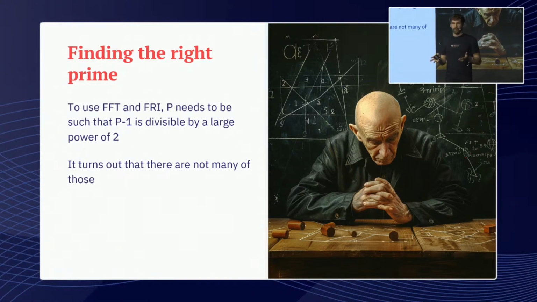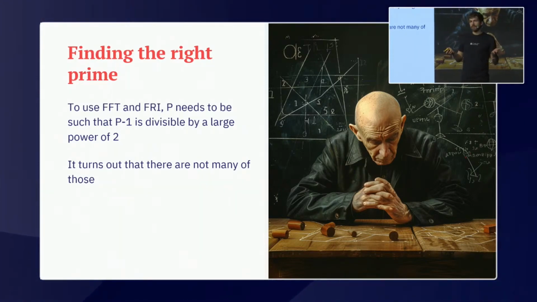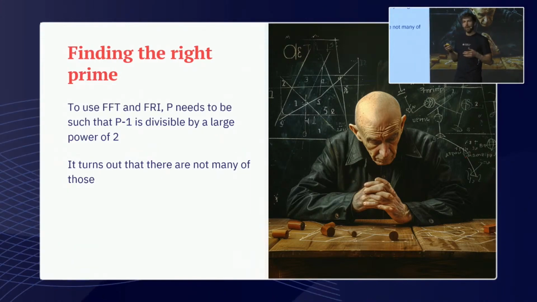If you don't have that property, you can't use FFT and FRI in a proper way, and you can't have the Stark protocol. So there's not that many P's you could choose to get that property. That's how we came up with a field of size 2 to the power 251.